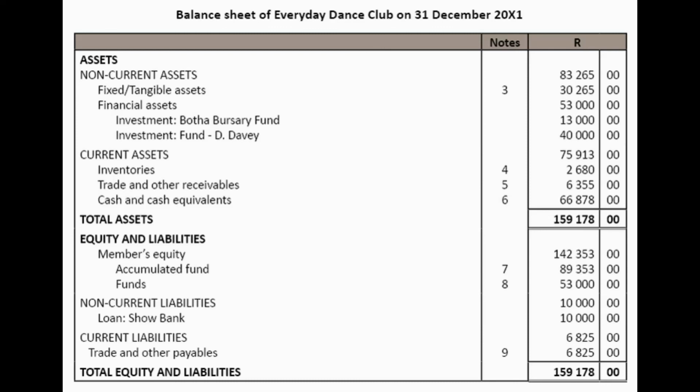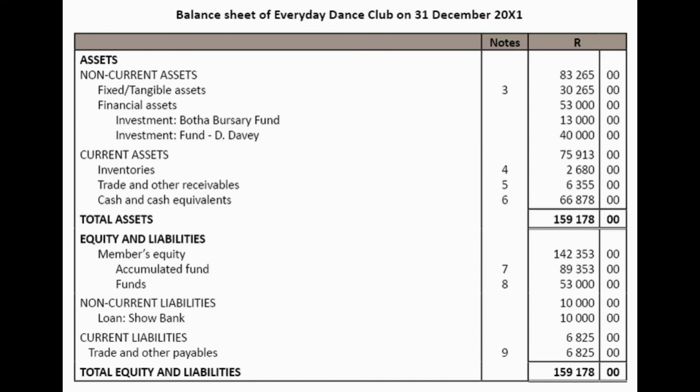Then we get to the current assets, inventories. We've also done that in the notes. 2680, trade and other receivables, 6355, cash and cash equivalents, 66878. If we add those three entries under the current assets, we get 75913. That is the total of our current assets.